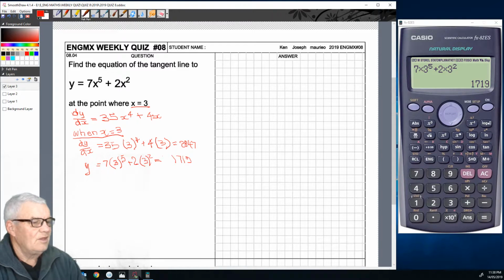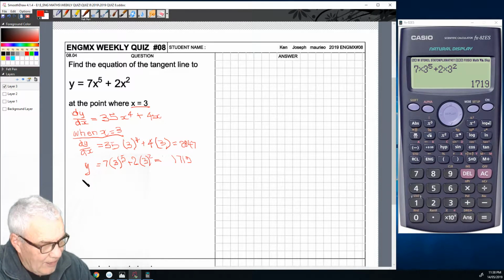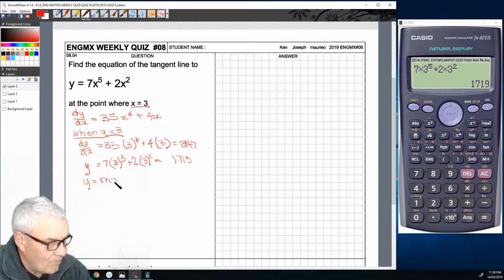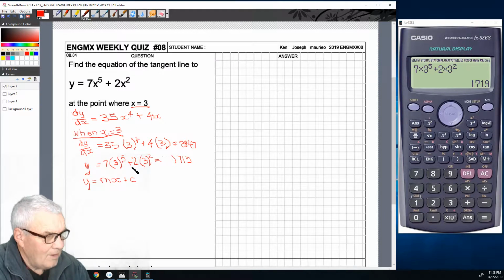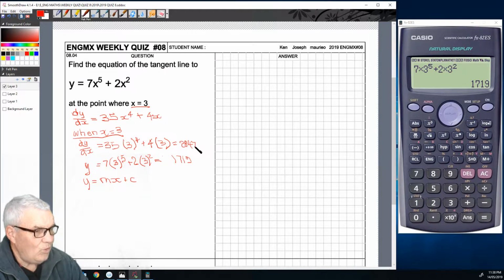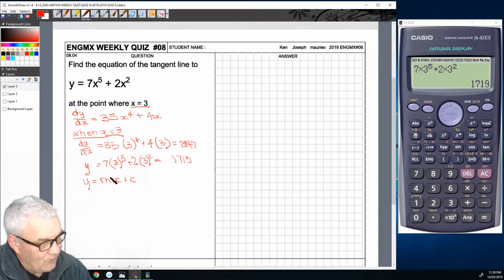1719. Now what we know about straight lines is that y equals mx plus c. And what we know, of course, is that m is the slope of the graph. And we know what y is, and we know what x is.